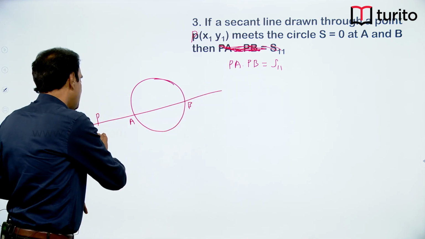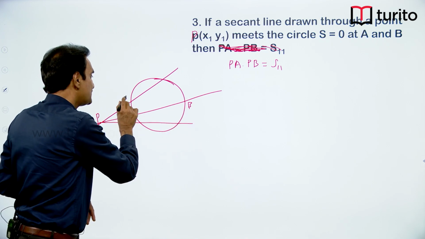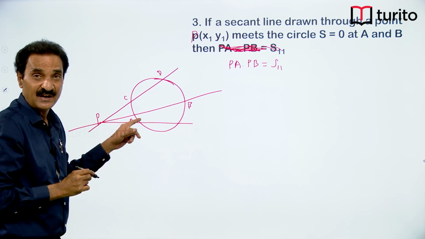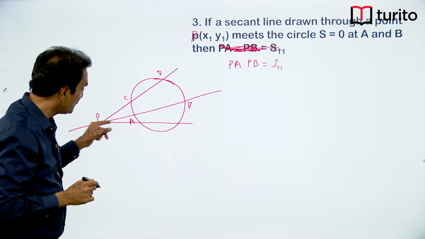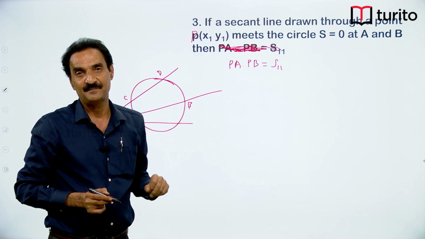In whatever direction you draw the line, suppose this is C, this is D, PC into PD will be the same as PA into PB. The value is S11, the power of the point.